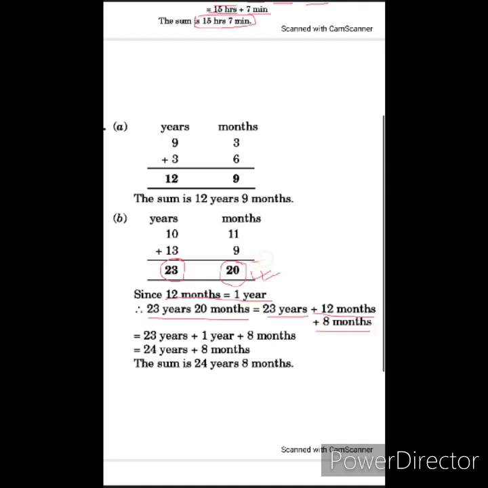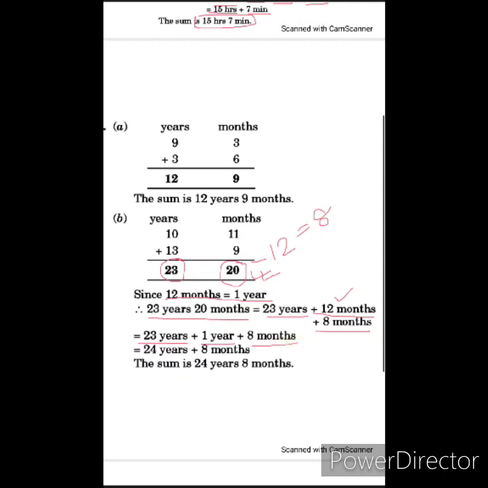You can subtract 20 minus 12 to get 8, the remaining months. Now 23 years will remain the same. This 12 months, as we know 12 months is 1 year, so we write down 1 year, and 8 months will remain the same.